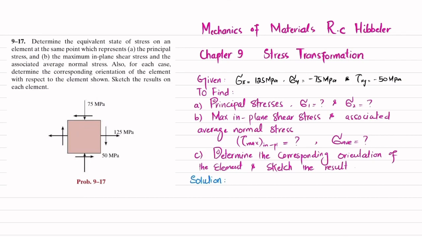So you have to find the principal stresses, which is sigma 1 and sigma 2, and in B part maximum in plane shear stress and average normal stress, and then we will also draw the orientation of these elements. So let's start with the solution.